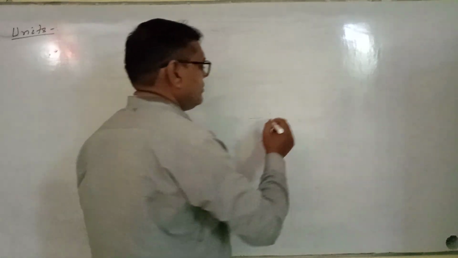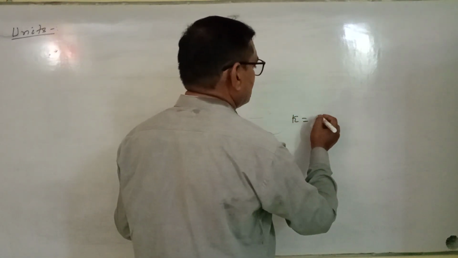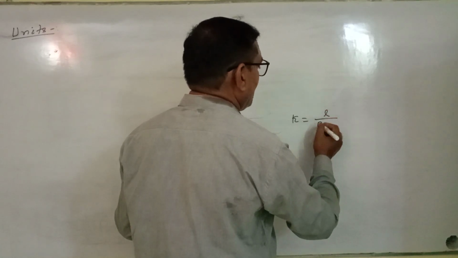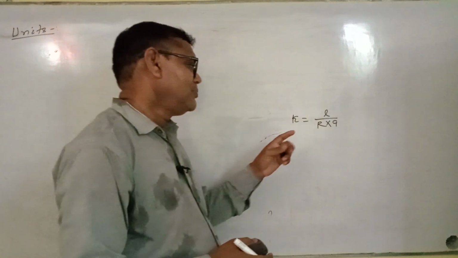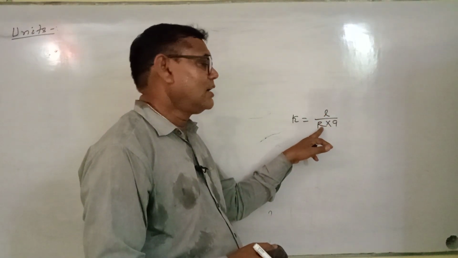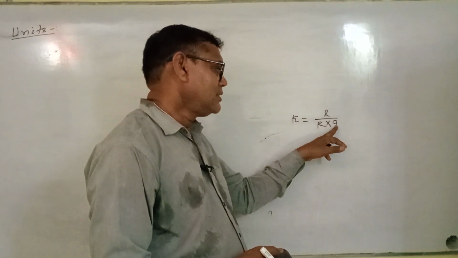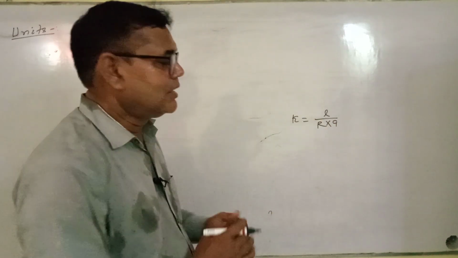We explain the unit of specific conductance. We write L upon R into A. Now we put the unit of L, the unit of R and the unit of A and convert into the unit of kappa.